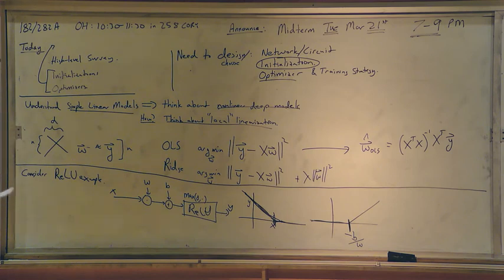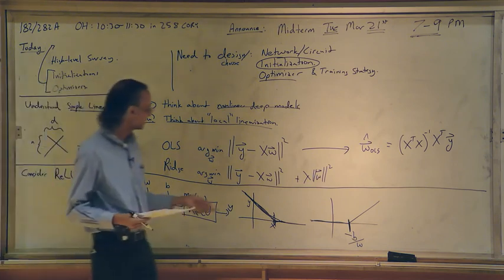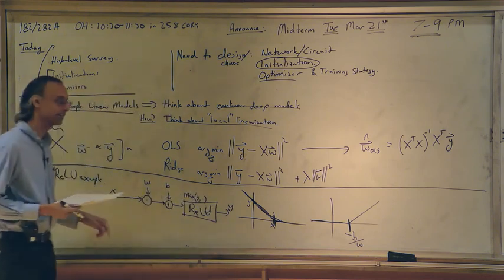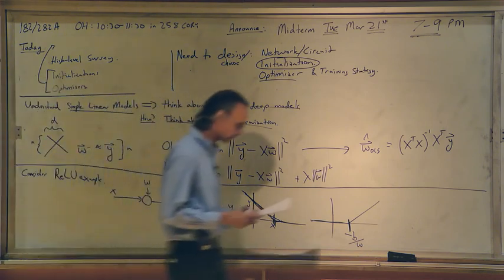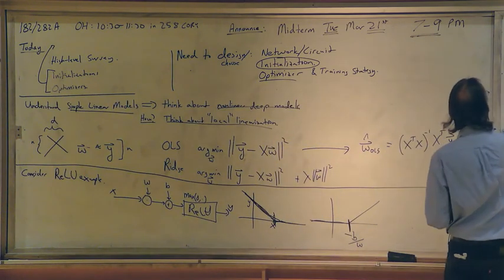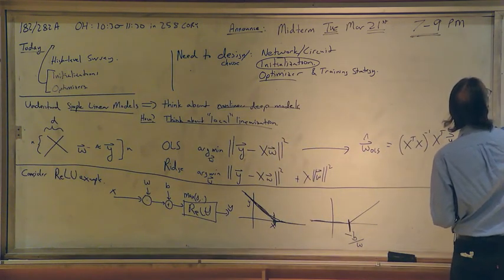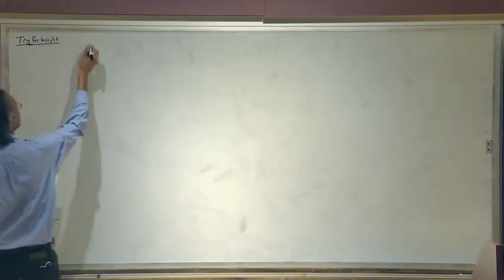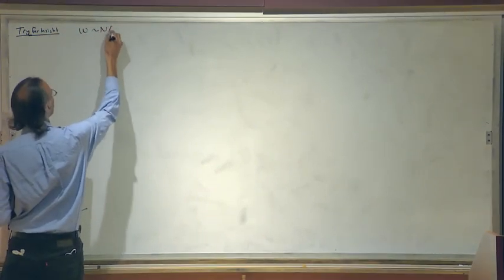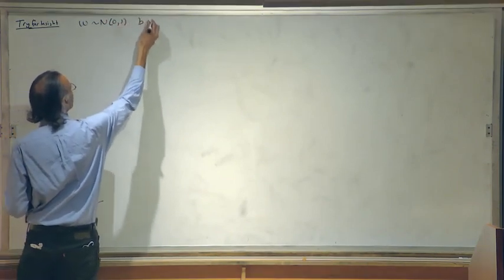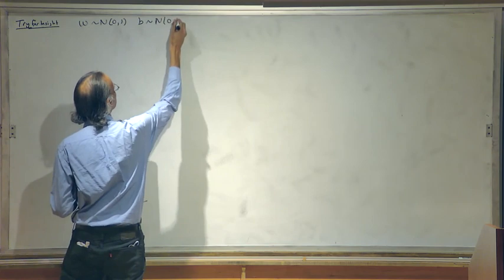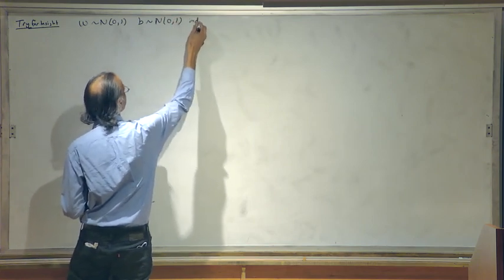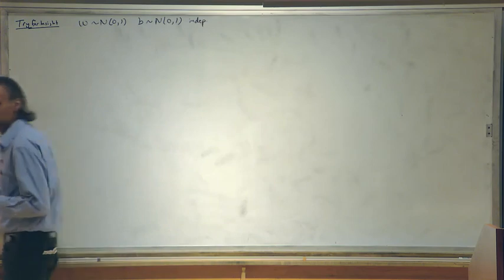So to understand initializations, let's first understand what would happen if we initialize this weight and this bias to just be normal(0, 1), just for insight. Set them independently.